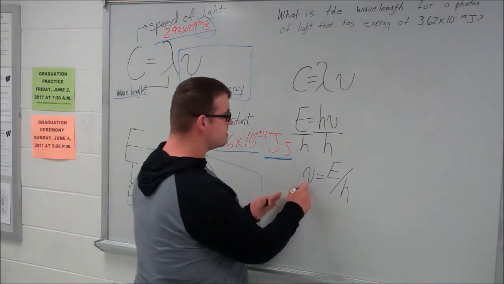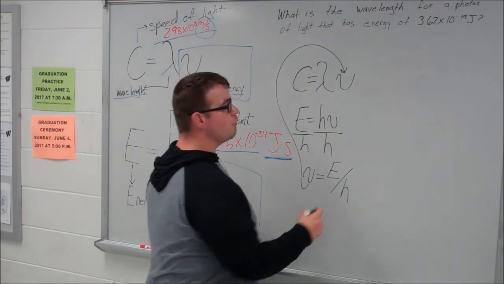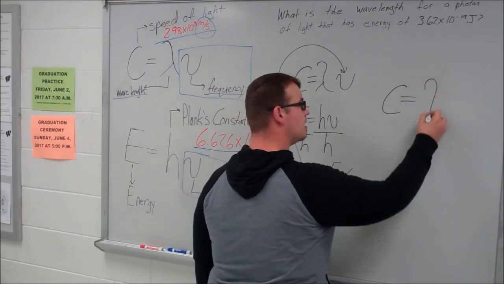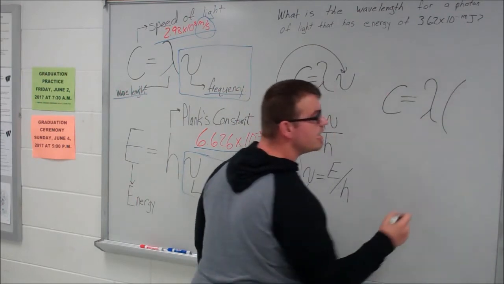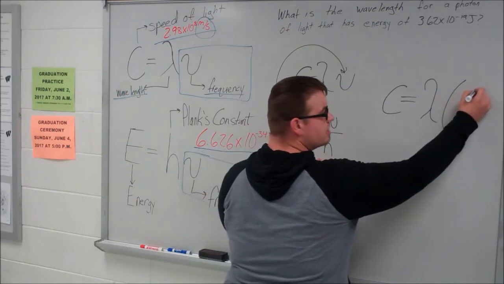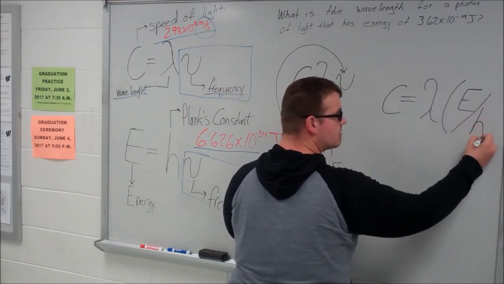Now I can substitute this into the equation up top, and you will find that the speed of light equals lambda times, substituting in for frequency, energy divided by Planck's constant.